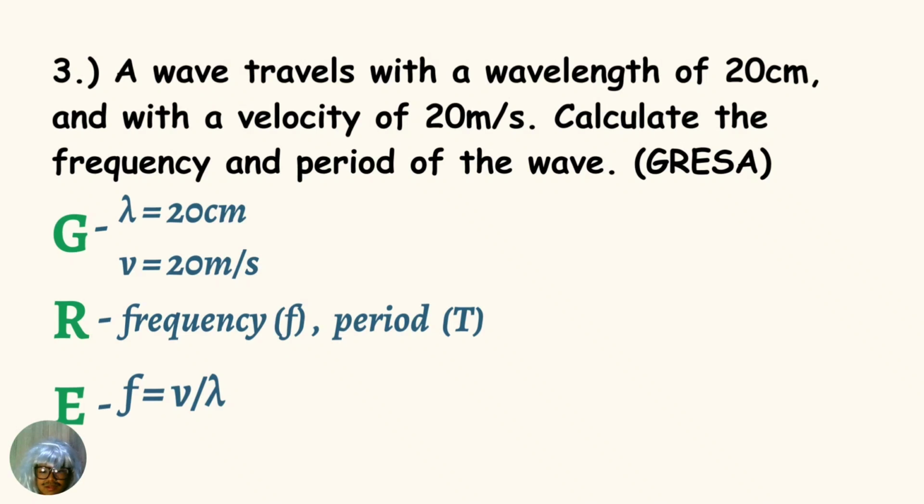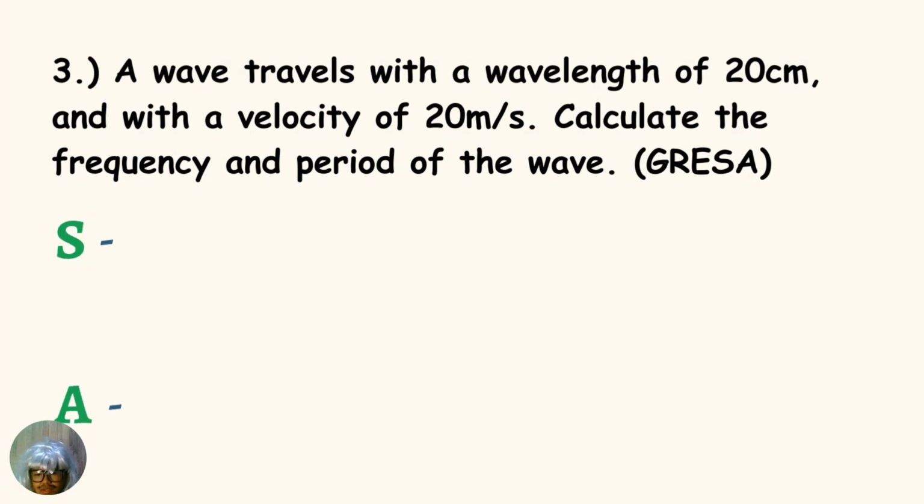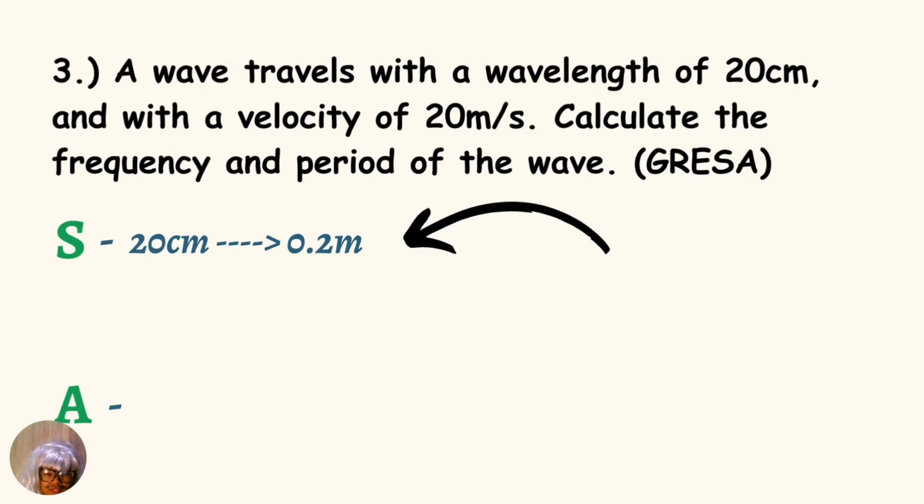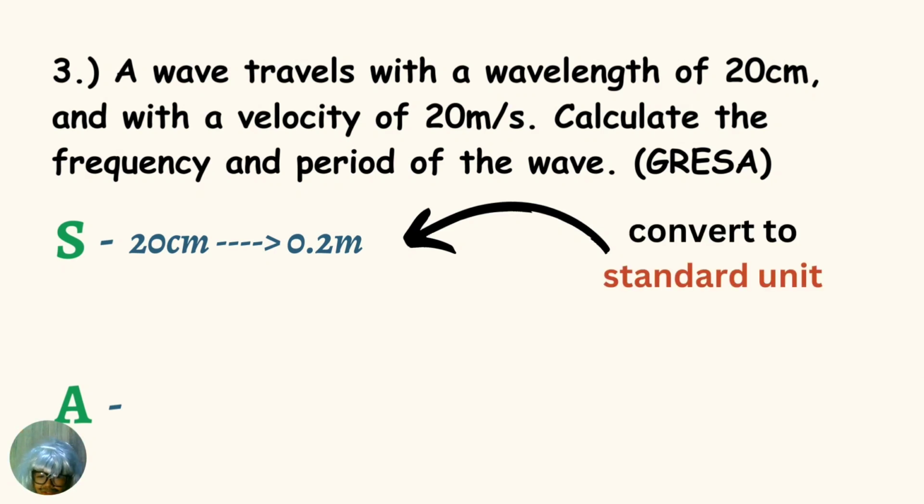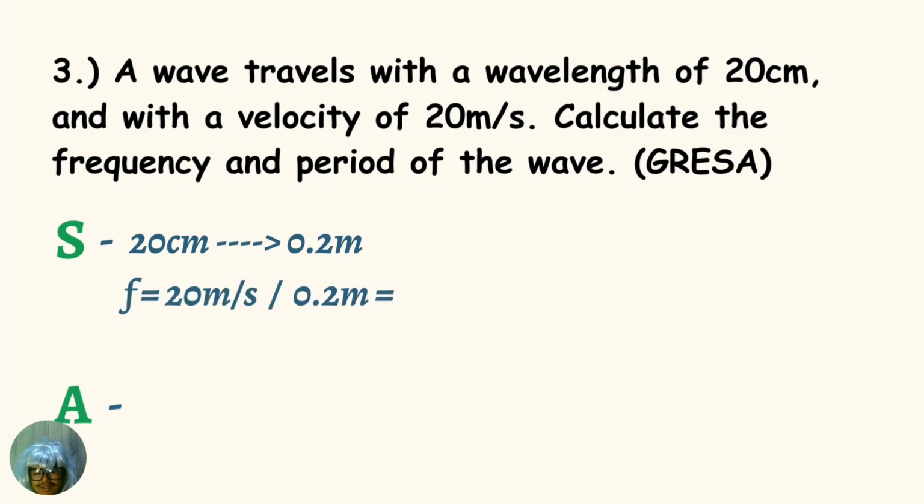And our equation for frequency is equal to the speed divided by the wavelength. And our equation for period is equal to 1 divided by frequency. And our solution is we first have to convert the 20 centimeters to 0.2 meters, since meter is the standard unit of wavelength and not centimeter.